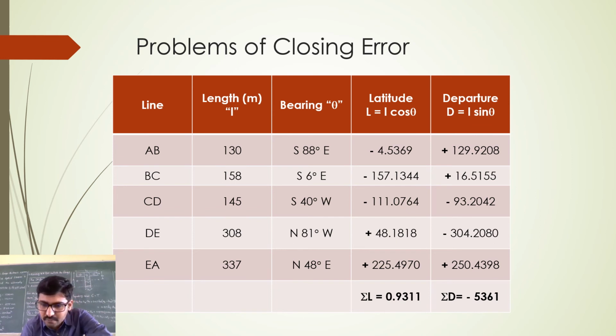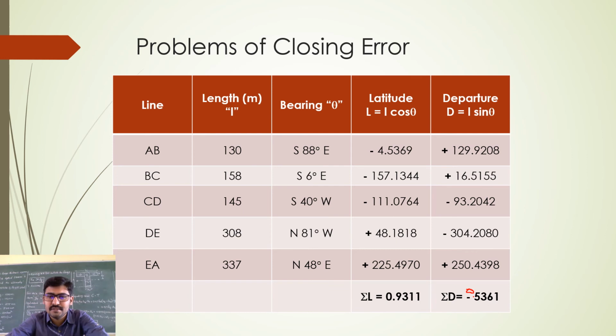So it is minus 0.5361 and this is plus 0.9311. So the total error in latitude is this much, the total error in departure is this much. So this is the first way of identifying whether there is a closing error or not.